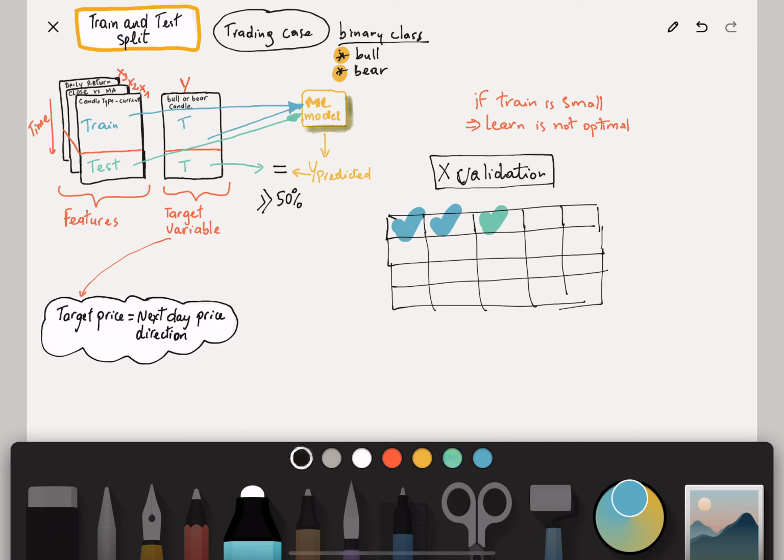Then you get the metric here. Let me write it here. Then you move forward to the next chunk, train the model on this and test it on this. Then you go next and train the model on this and test it on this. And then somebody could say, okay, I'm going to average the metrics out.